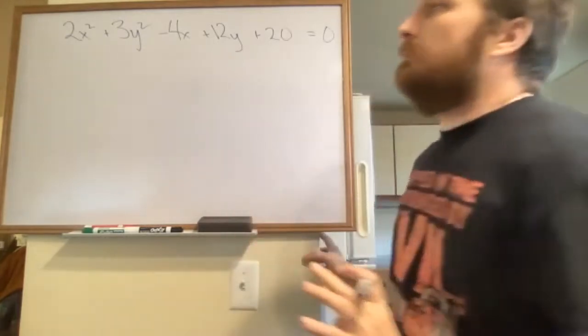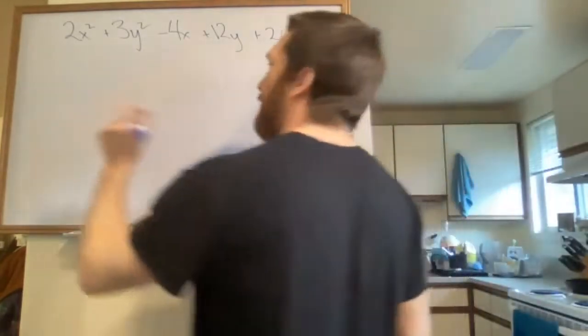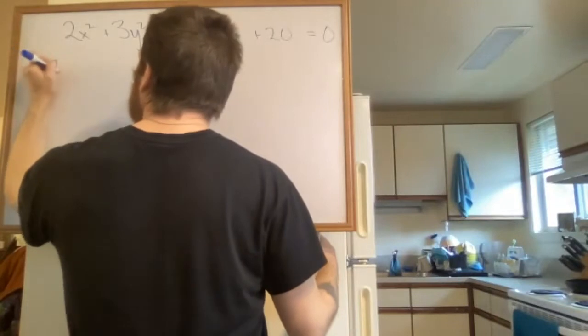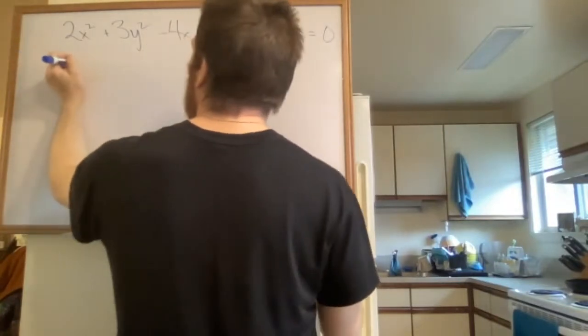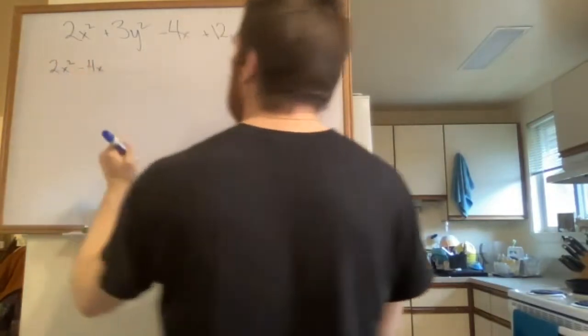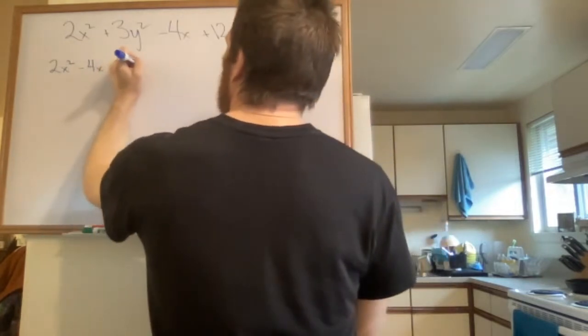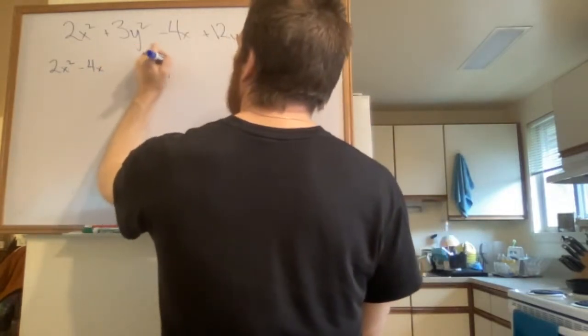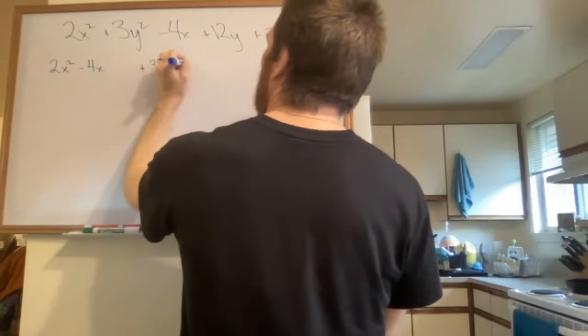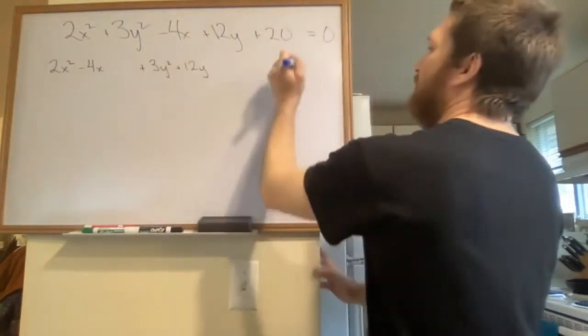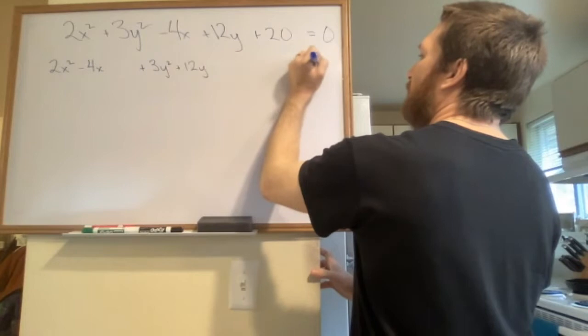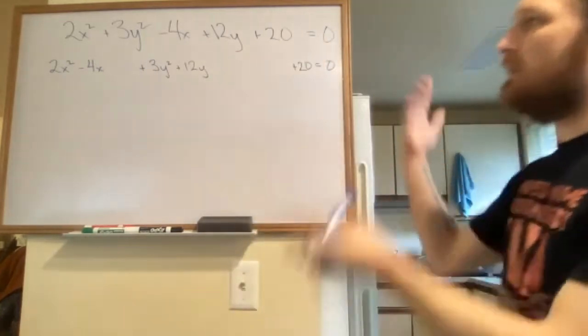So let's just start by completing the square. I'm going to gather my x's together like that. I'm going to gather my y's together right here. I'm going to leave myself some room over here with the other stuff. There's plus 20 equals 0. So all I've done is regroup stuff.